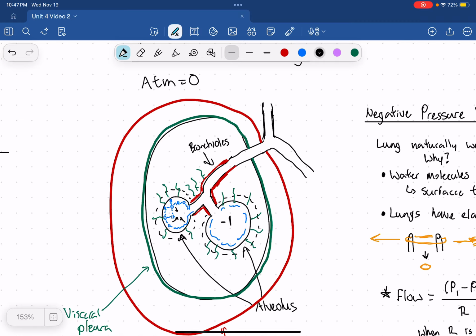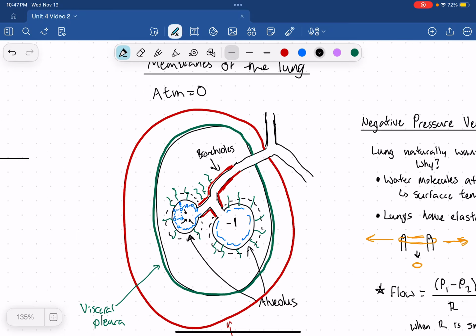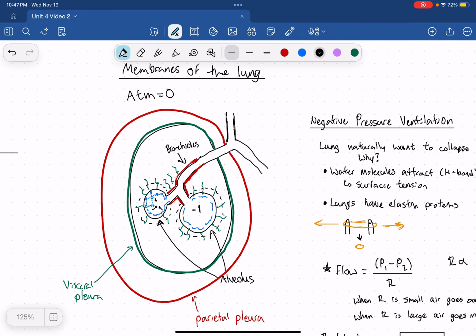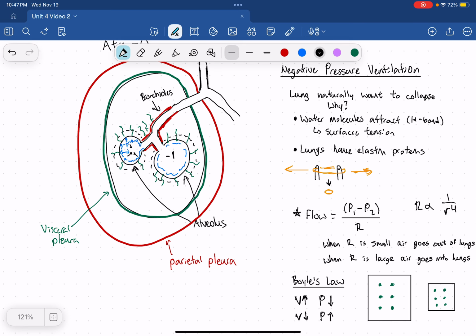Let's just say that's the pressure, according to what we know about how pressure works.